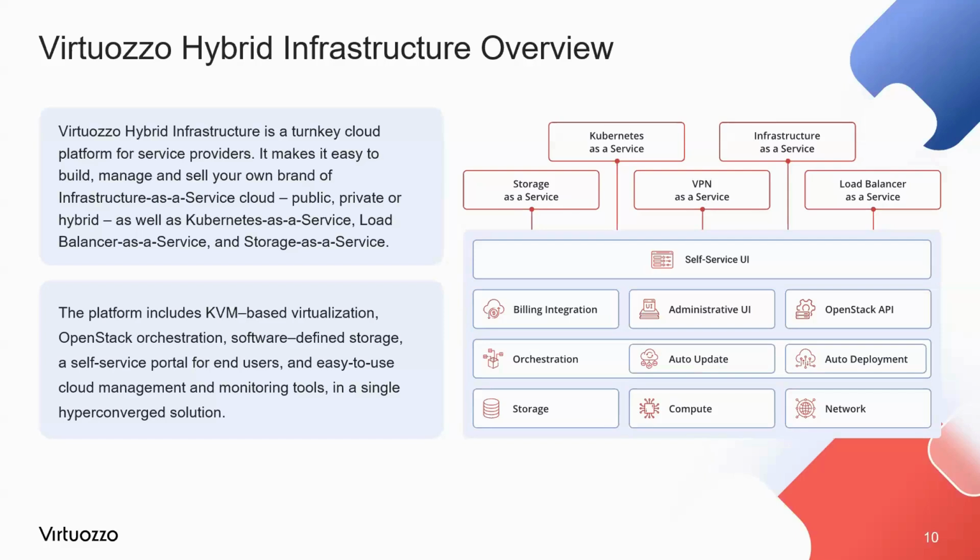We do have virtual routers inside. We do have public IPs for accessing from the outside. We do have a load balancer as a service, VPN as a service to connect from the outside, VPN site to site. We do have Kubernetes as a service as well.